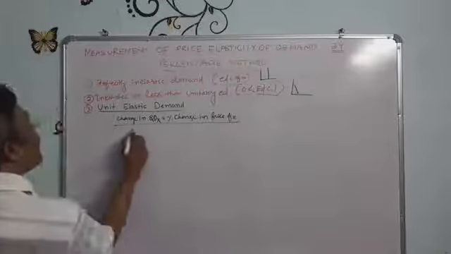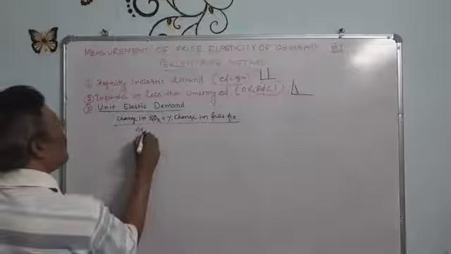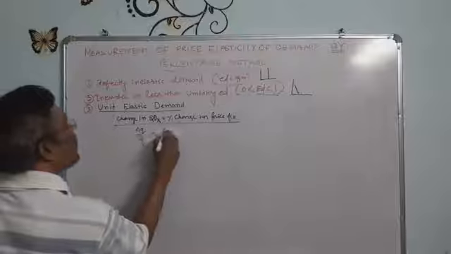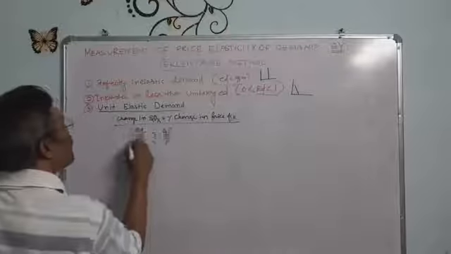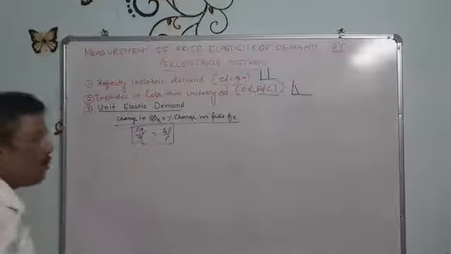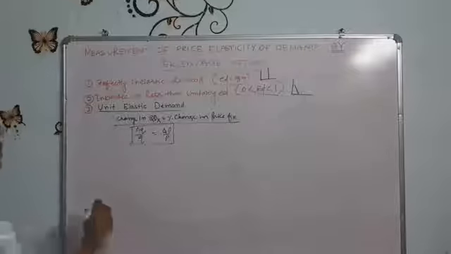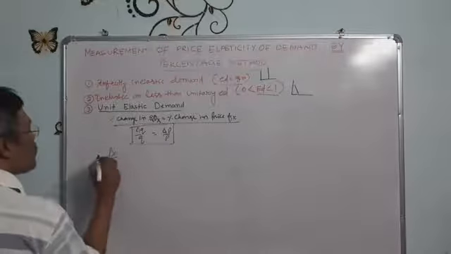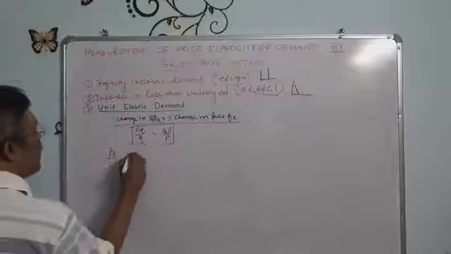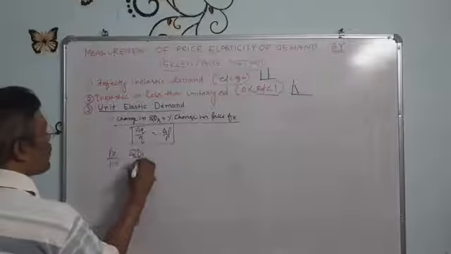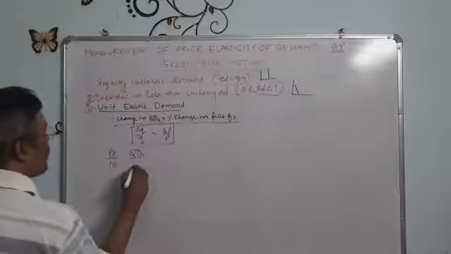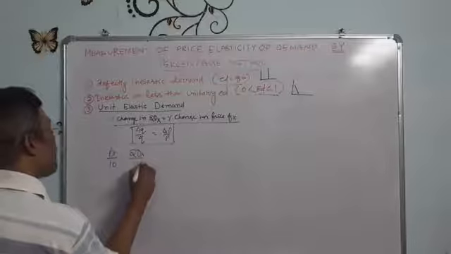We may write here delta Q upon Q is equal to delta P upon P. For example, the price of X goods is 10 and the quantity demanded of X goods is also 10.